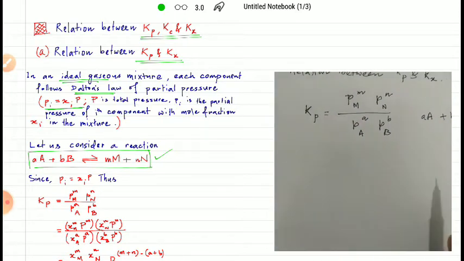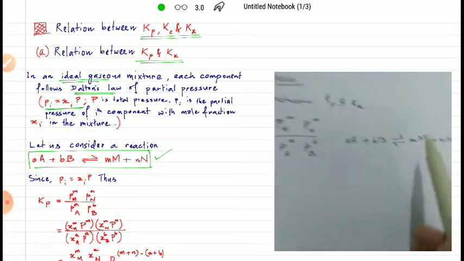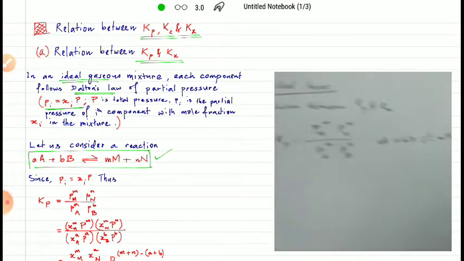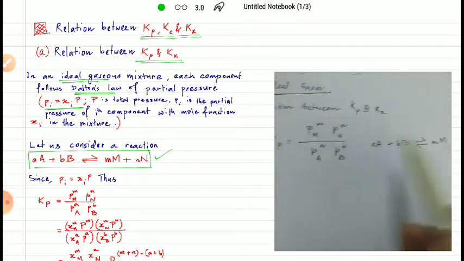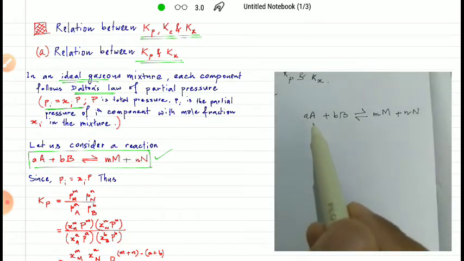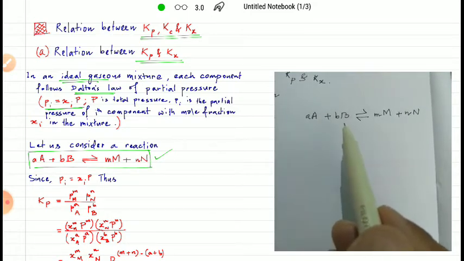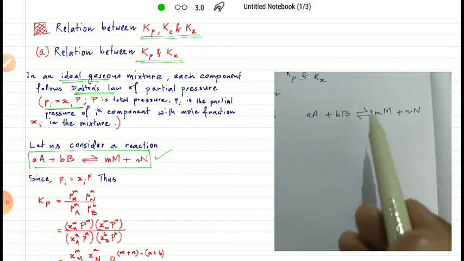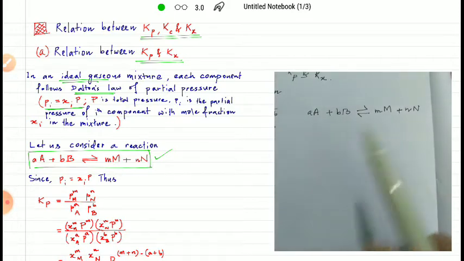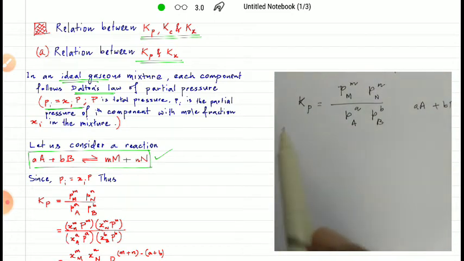Here PM is the partial pressure of product M, PN is the partial pressure of product N, PA is the partial pressure of reactant A, and PB is the partial pressure of reactant B. Okay, we have already derived this relation.